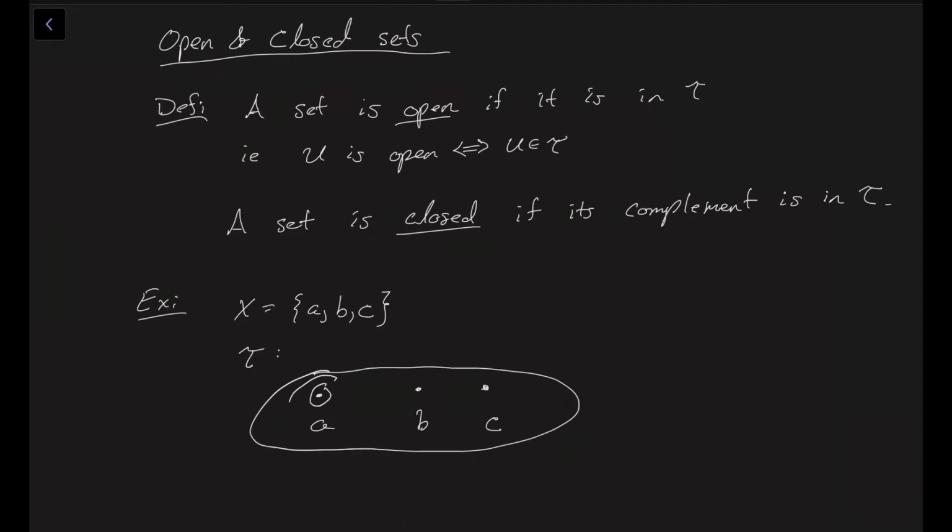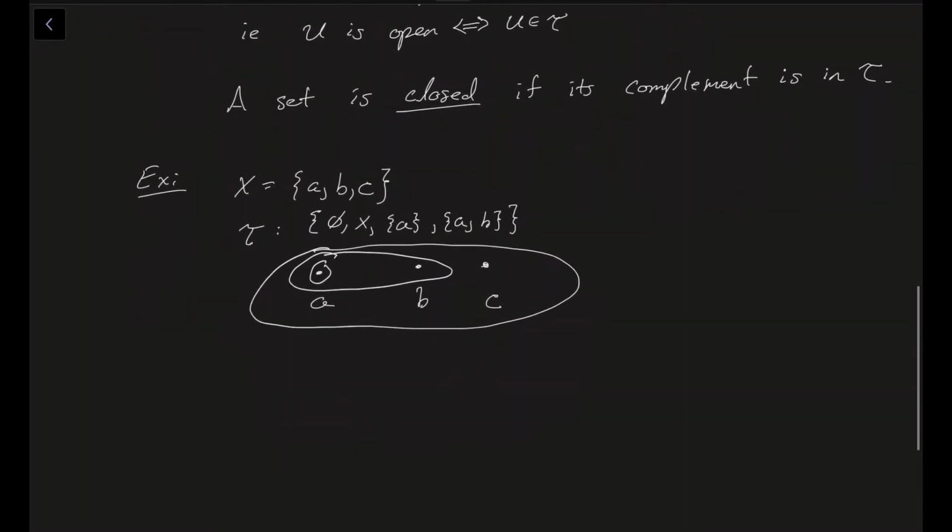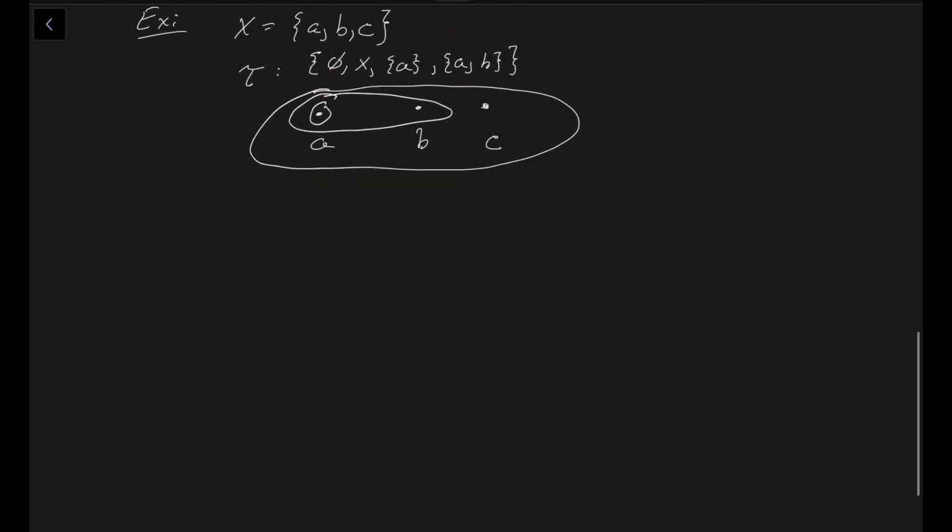And then we know that the empty set has to be in there, but we can't really draw that. And we know that the whole set itself has to be there. So let's draw a circle around the whole set. And in our topology, let's also include the singleton A and the set consisting of A and B only. So take it on faith that this is a topology. You can check it if you'd like.